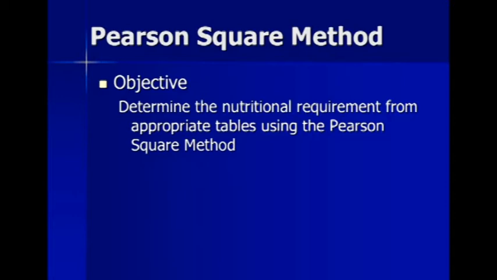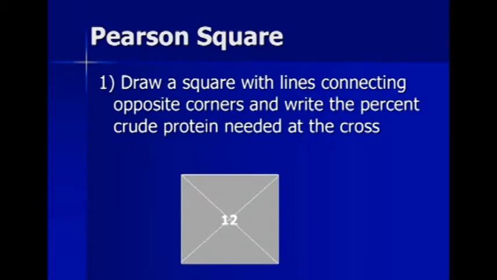But when we have more than two feedstuff, then definitely we will have to do a lot of calculations, and that makes the process a little lengthy. So keeping in mind these two things, we will start with a ration formulation using two feedstuff.